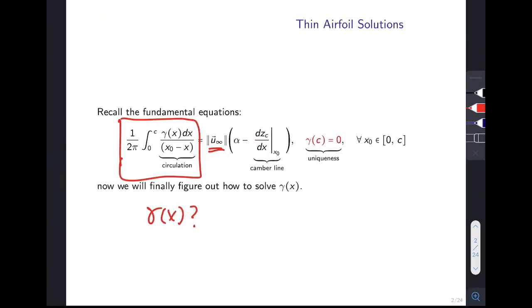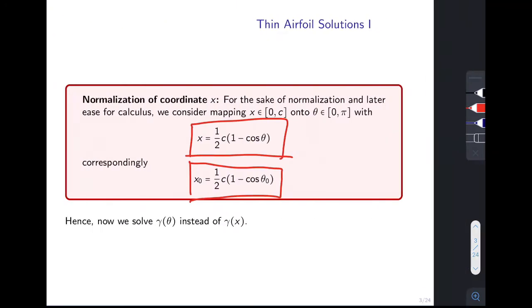Now remember the left-hand side is the integration with respect to x. Now I will change it into an integration over theta, which means the lower and upper limits will change from 0 to c to 0 to pi. And we will rewrite this equation with gamma as a function of theta, and dx will also be written as a function of theta.